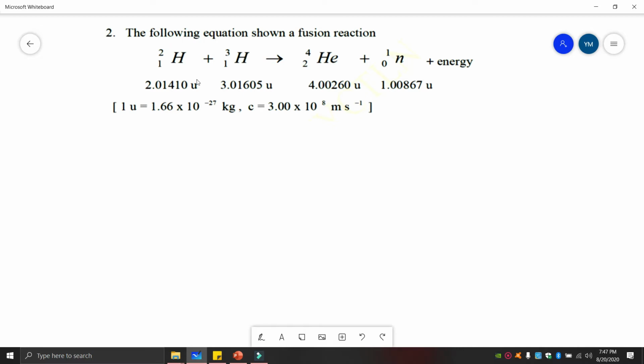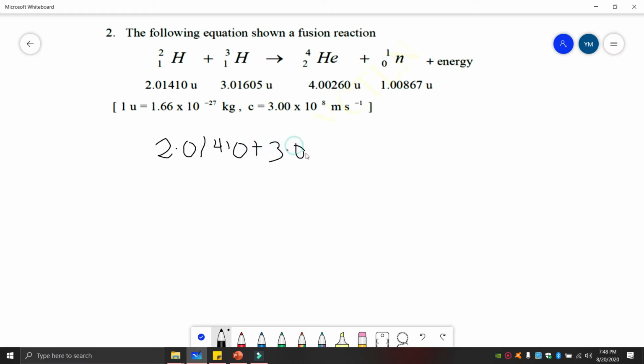So before the reaction, it already gives you the atomic mass for hydrogen, and this is also for hydrogen. So this one you can add. 2.01410 plus 3.01605.